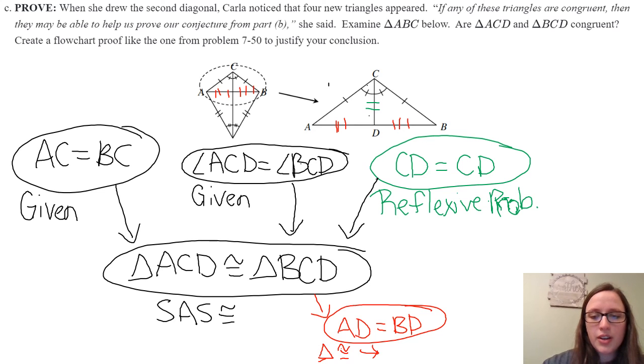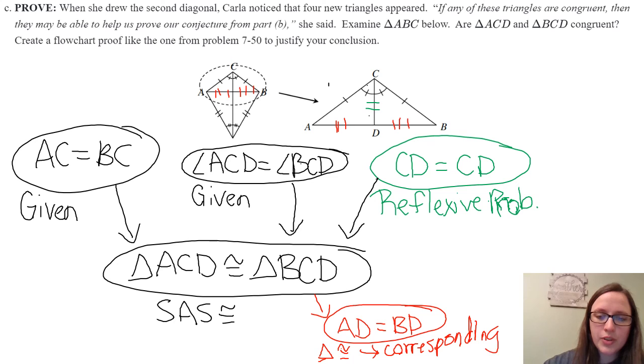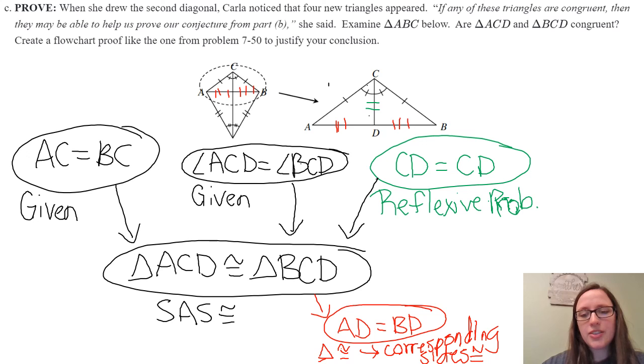Therefore, corresponding parts are congruent. Or corresponding sides, in this case, are congruent. There is a way to shorten that. I'll show you next class.